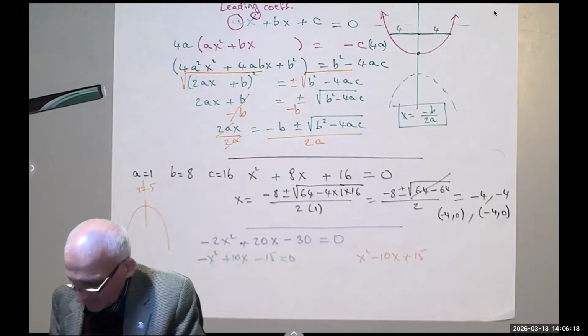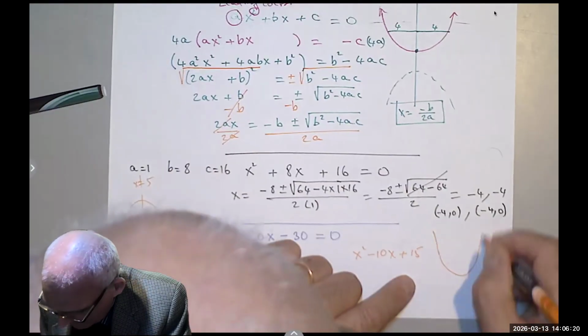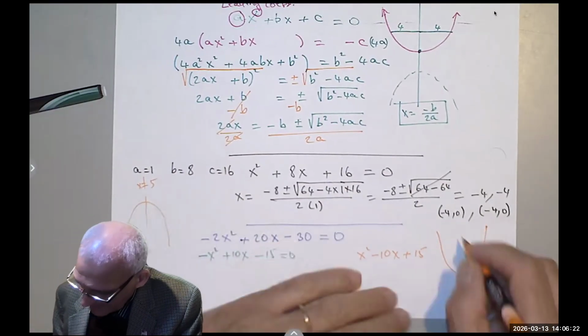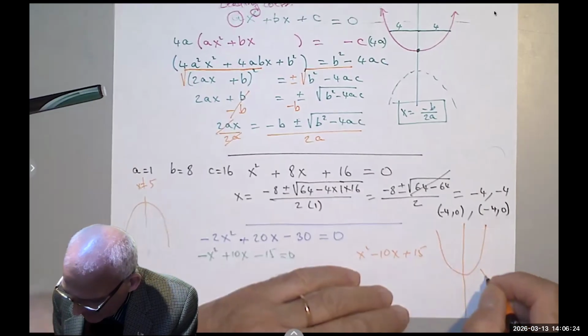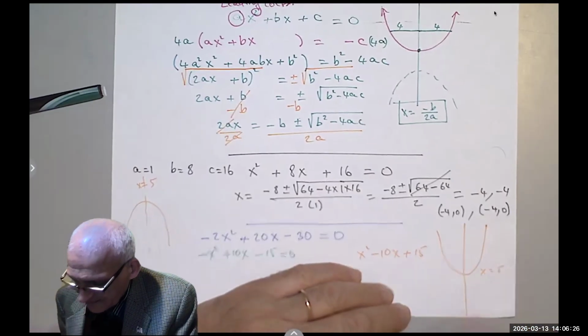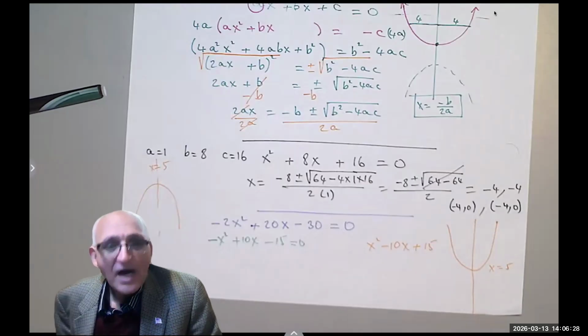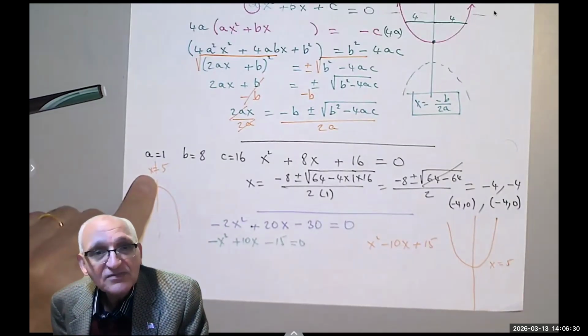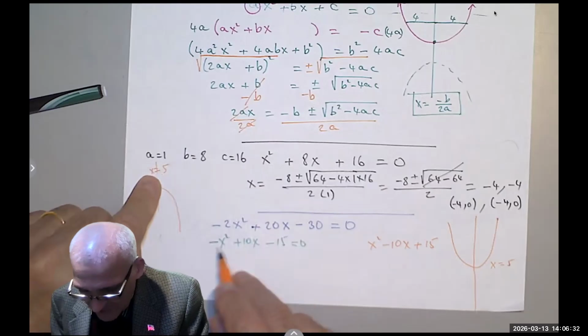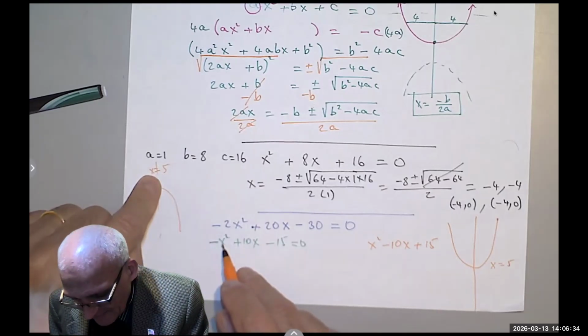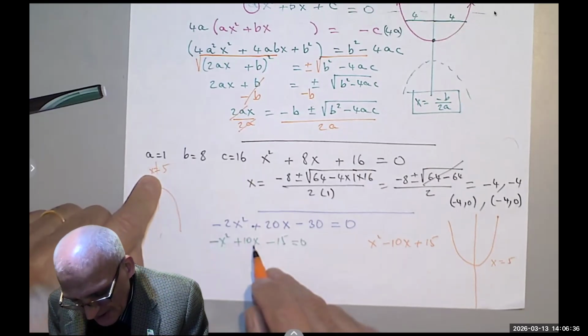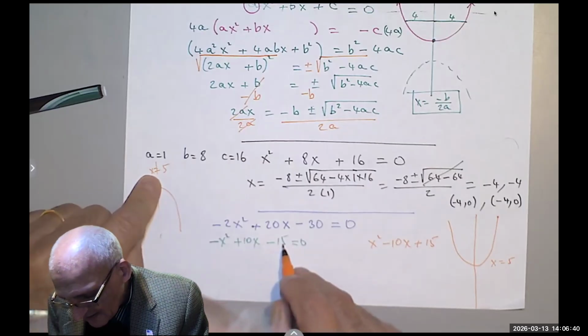And this one is opening up, but the axis of symmetry is still x equals 5. But let's find the y corresponding to x equals 5. If x equals 5, this would be negative 25 plus 20, that's negative 5, minus 15.